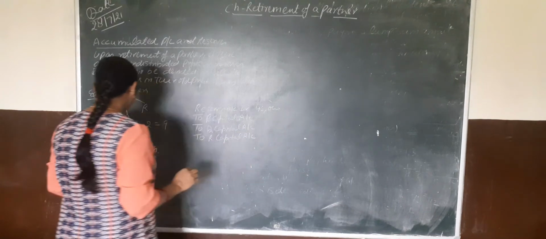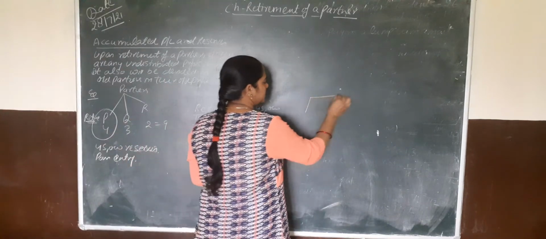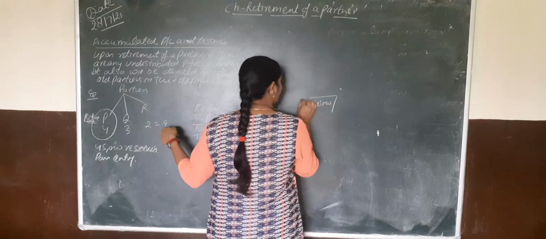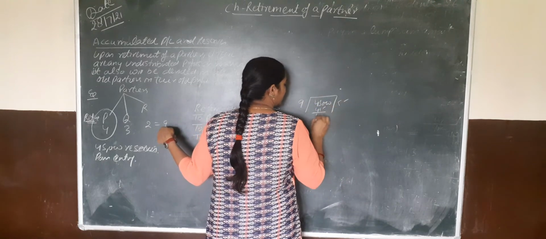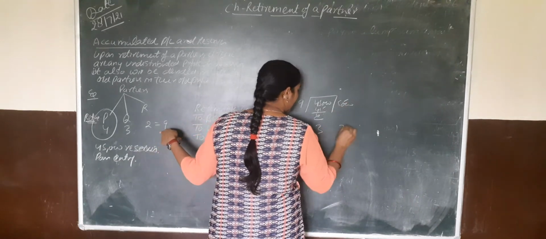How will we divide this amount? The total reserve is 45,000 rupees, and we will distribute it according to the ratio 9. 9 fives are 45, so 5,000 rupees. Their ratio is 4, 3 and 2.